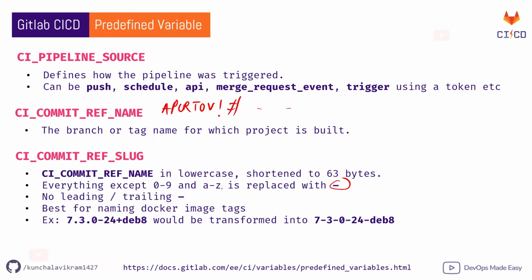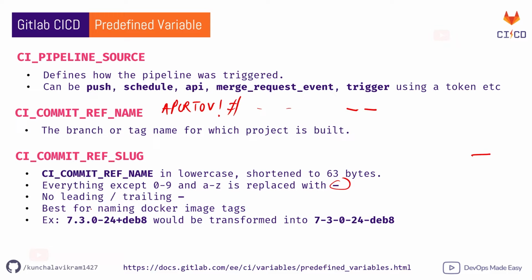Anything apart from 0 to 9 and small a to z is replaced with a hyphen. In this case, the exclamation and hash will be replaced with hyphens. And after converting your complete ref name into 63 bytes, if the 63rd byte is a hyphen, it will be completely removed.